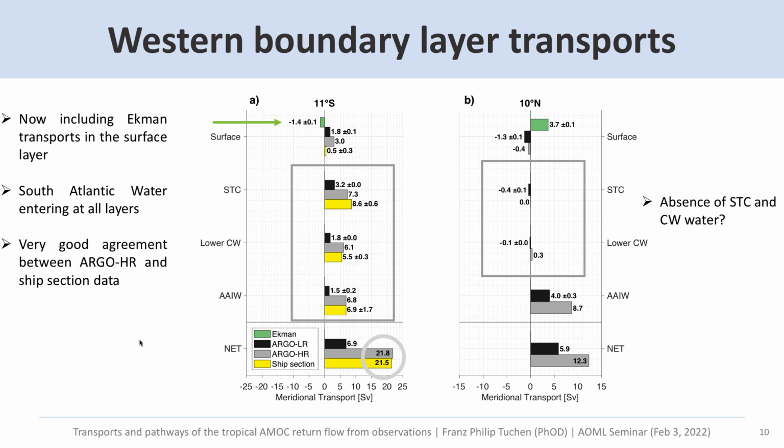Now when we look at what is happening at 10 North at the western boundary, the first thing that strikes us is that it looks like we have an absence of subtropical cell and central water, but it's actually just a compensation of the transports there. The western boundary transport is compensated by the retroflection largely. And what is interesting is that on the one side around 22 Sverdrups are entering the tropics at the western boundary, but only 12 Sverdrups are leaving the tropics at the western boundary.